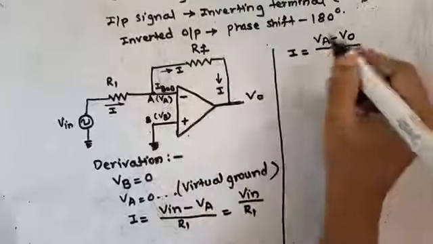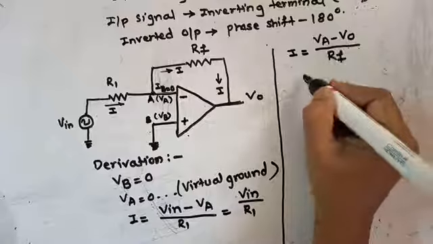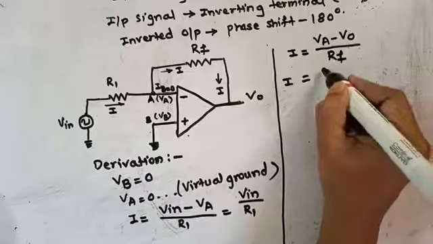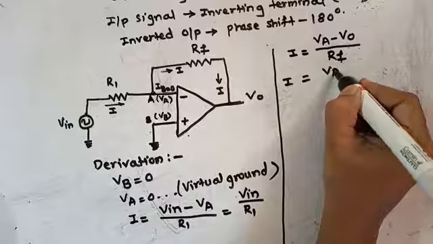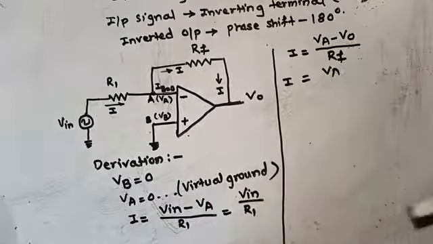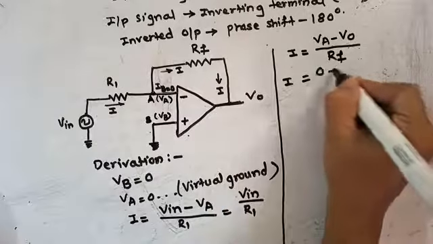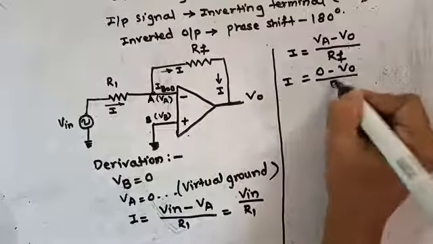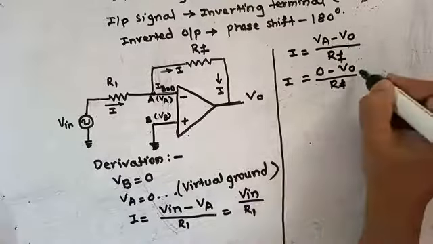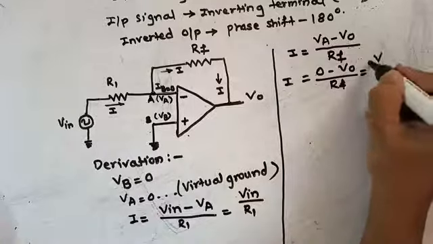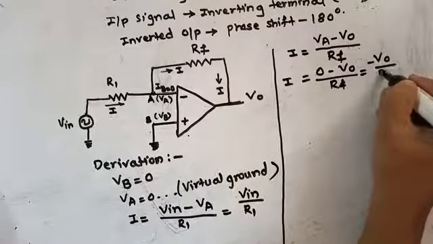The feedback resistor, so it is RF. So I is equal to VA, which is 0 as we already know, minus V0 upon RF. So I is equal to minus V0 upon RF.